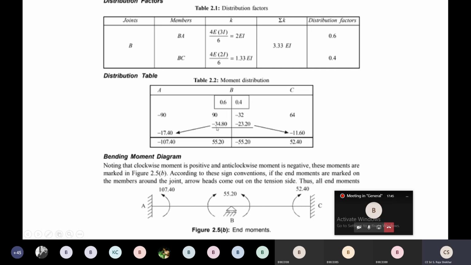Now half of the moment we have to transfer to the far end, that is the carry over moment.